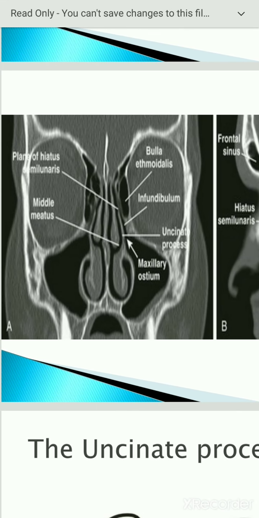If we see the CT scan picture, it shows various structures like bulla ethmoidalis, uncinate process, infundibulum, maxillary sinus ostium. We see middle turbinate, underlying middle meatus, and inferior turbinate.